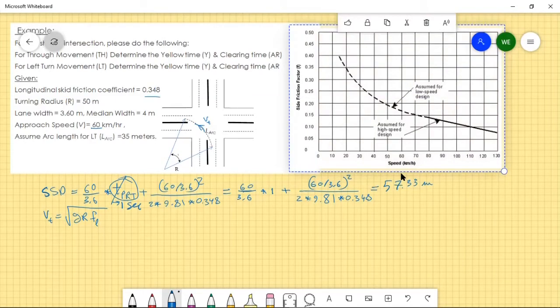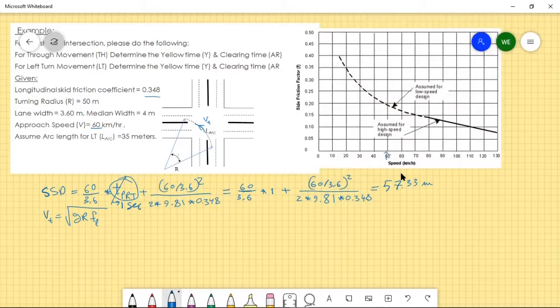We can just start by assuming that the turning speed is 50, for example. So let V turning equal 50 kilometers per hour. We're going to call this VT1. That means the f_L, the coefficient of friction here, will be 0.19.